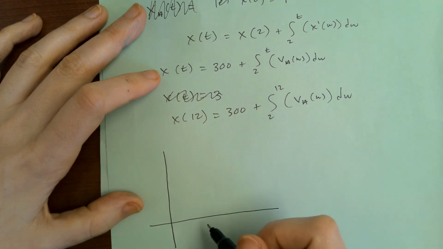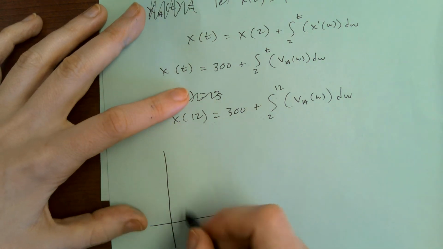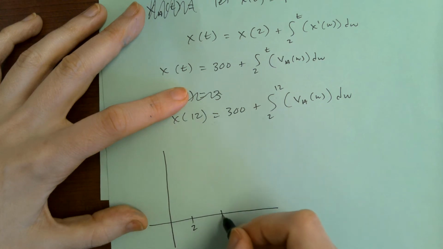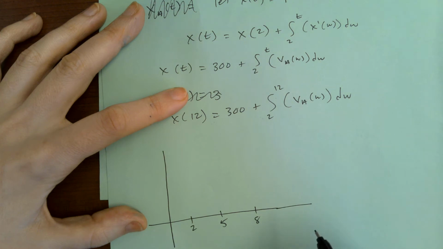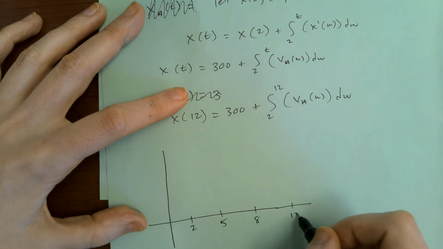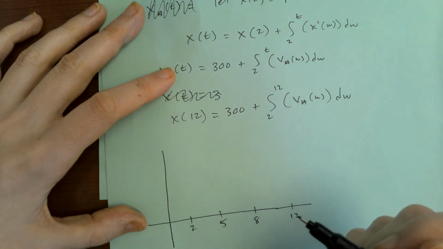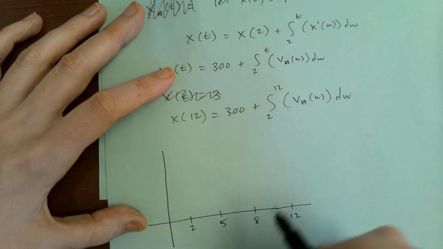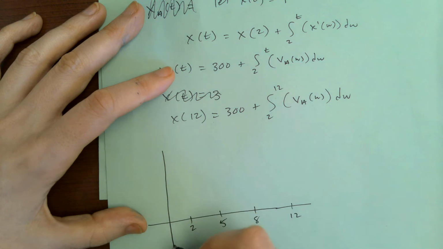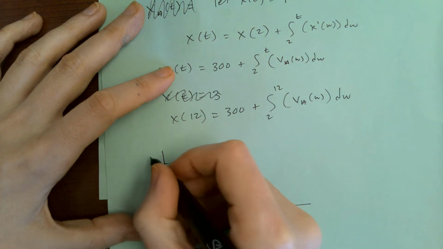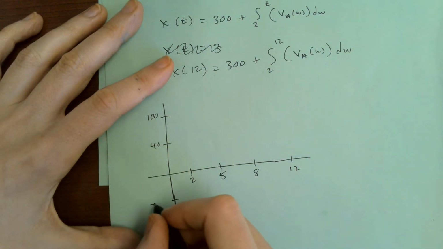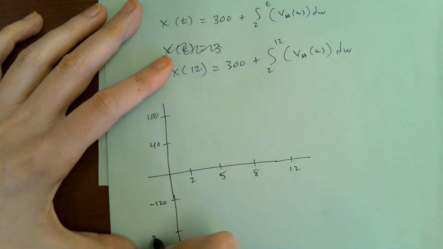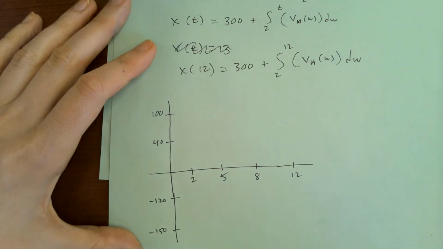Okay, so this is going to be 2, 5, 8, and then 12. Oh boy, that negative is going to give me trouble. Okay, so 140, 140, negative 120, negative 150.